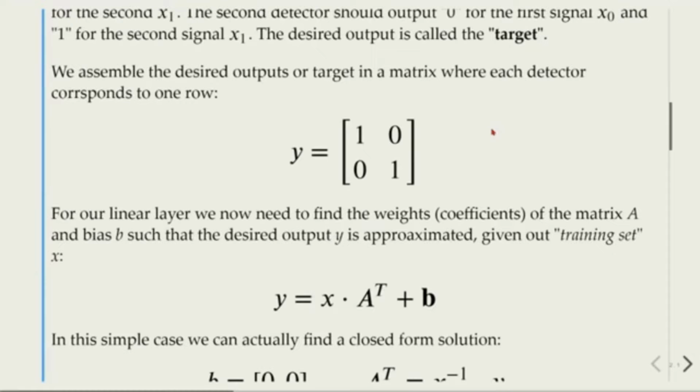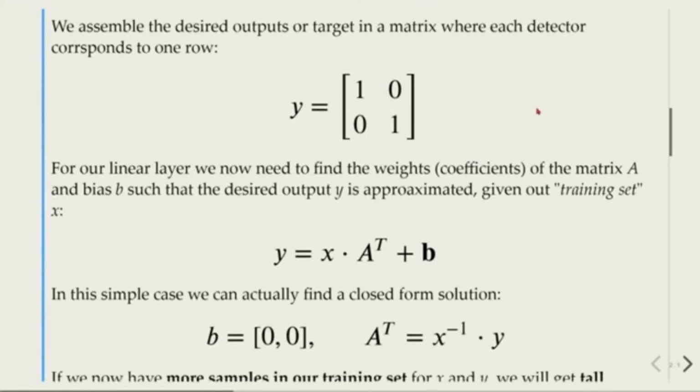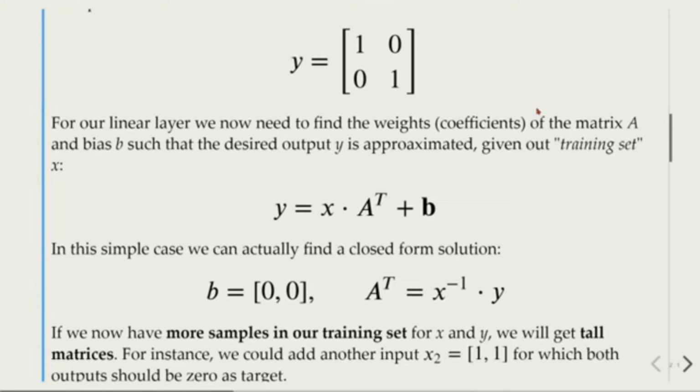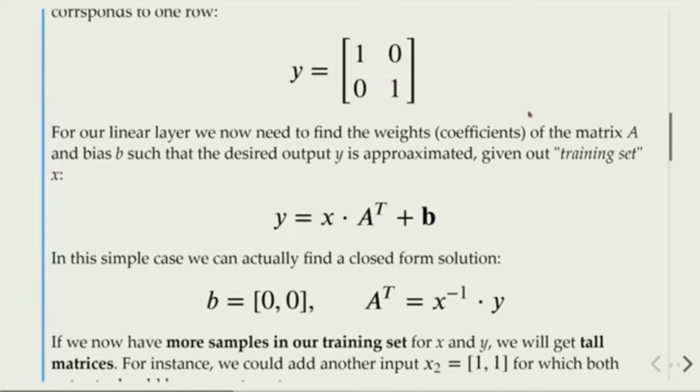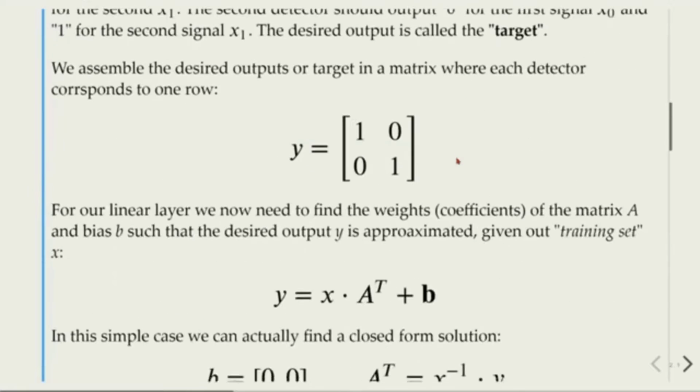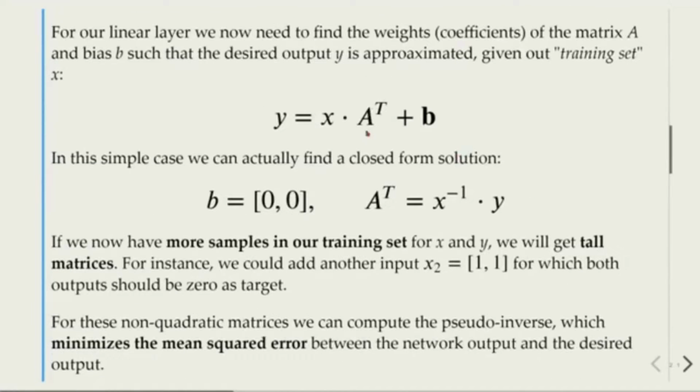For our linear layer, we now need to find the weights or the coefficients of the matrix A and bias B such that the desired output Y is approximated, given the training set X. So we have that Y should be our input matrix X multiplied by A transpose plus B. A is a matrix of coefficients or weights.